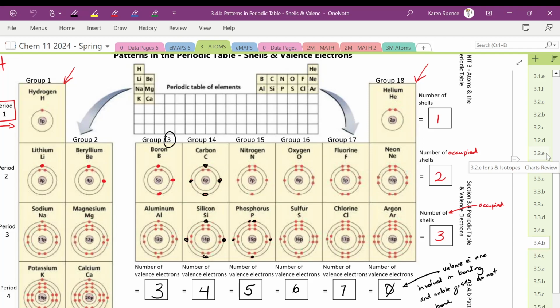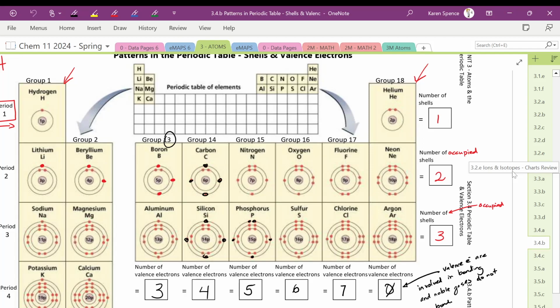And who else? There's one other. Helium. Helium is one of them. Who's the other one? Hydrogen, because hydrogen will fill up and it will only need 2 electrons. So hydrogen is filled up. Hydrogen is filled up with 2 electrons.